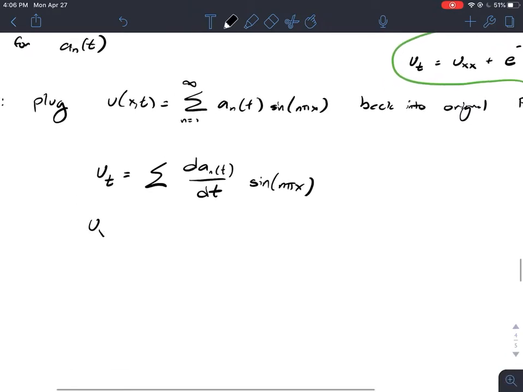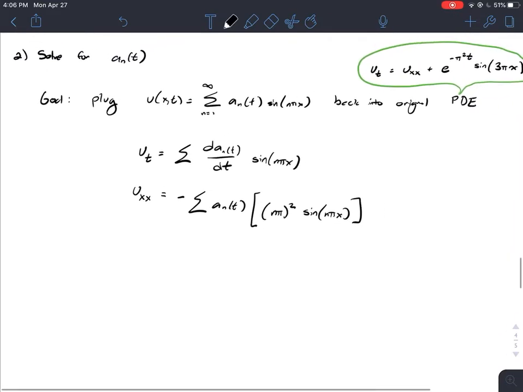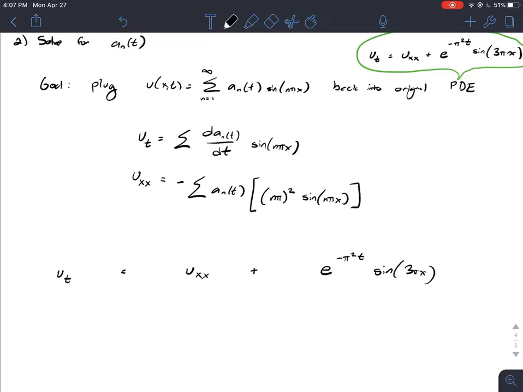Then we take the second position derivative, which is equal to negative a sub n of t times n pi squared times sine n pi x. Now, looking at the PDE that we were given above, u sub t is equal to u sub xx plus the non-homogeneous term, t sine 3 pi x.